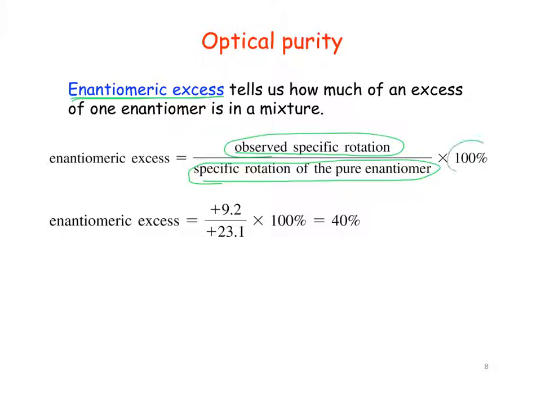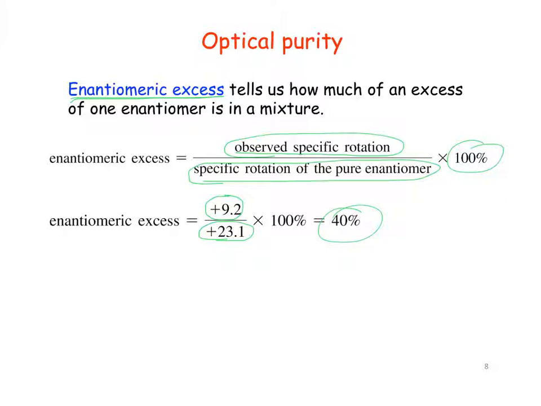Then we multiply that by 100. An example: if a pure enantiomer gave a specific rotation of 23.1, and a mixture gave a specific rotation of 9.2, we divide these and multiply by 100, and this would be called 40% enantiomeric excess.